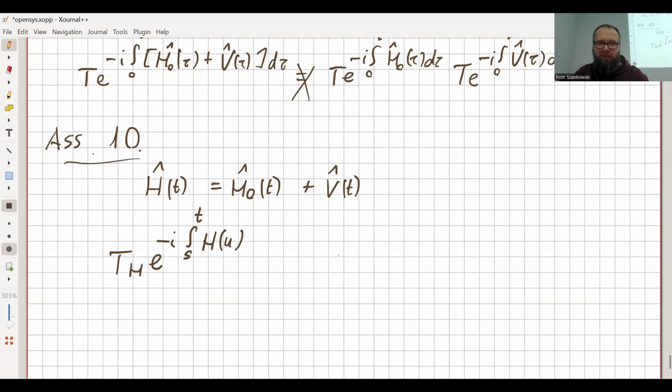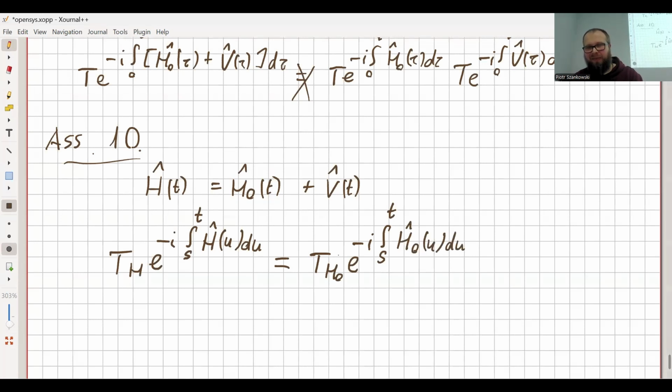And now we would like to disentangle from this the U0 evolution operator, and we would be left with the interaction picture.